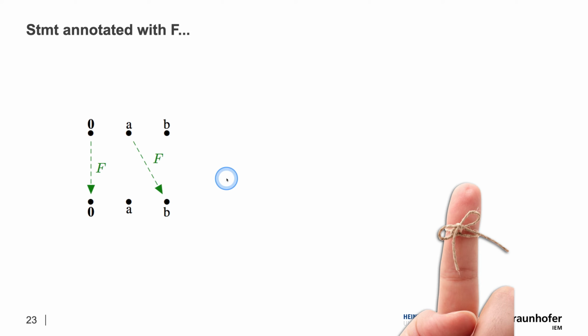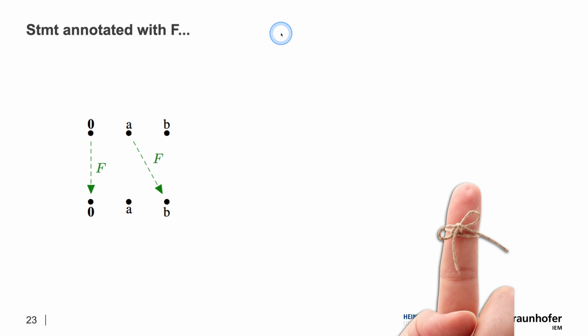We are annotating exactly these data flows that we previously saw with this feature constraint F. So we are putting a constraint on here, which tells us that these edges only exist when F is enabled.